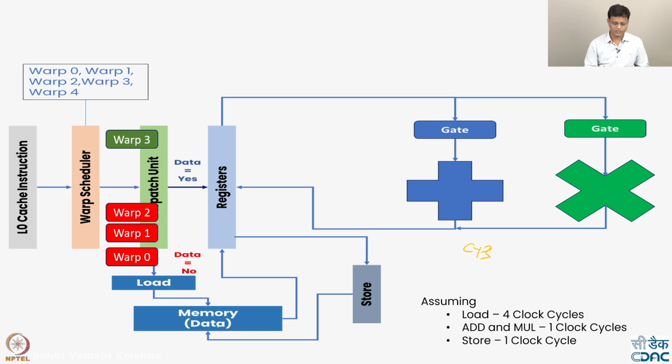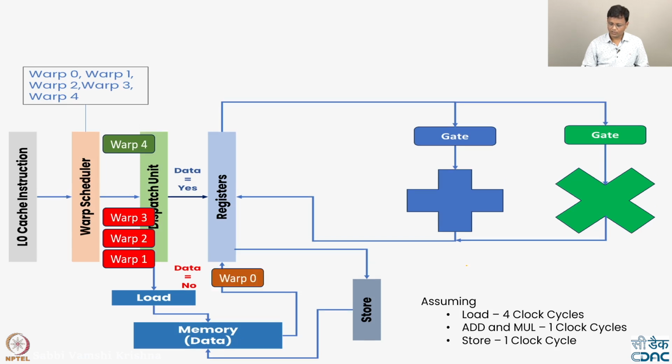Load operation means data is available in memory and it is to be brought to the register. At the same time warp 3 is ready, goes to the dispatch unit and checks whether its data is available or not. In the next clock cycle, warp 0 has successfully loaded its data from memory to the register.